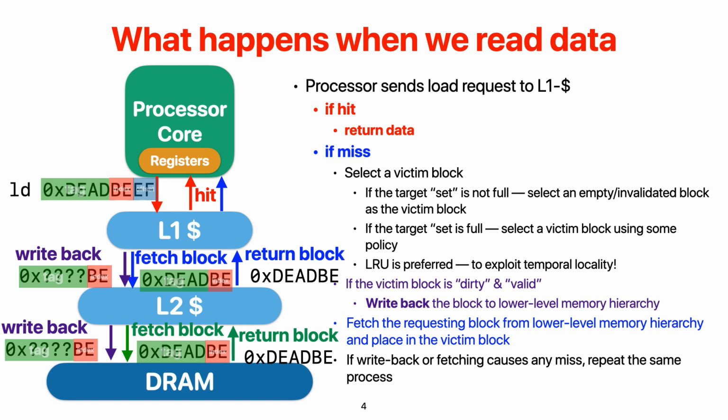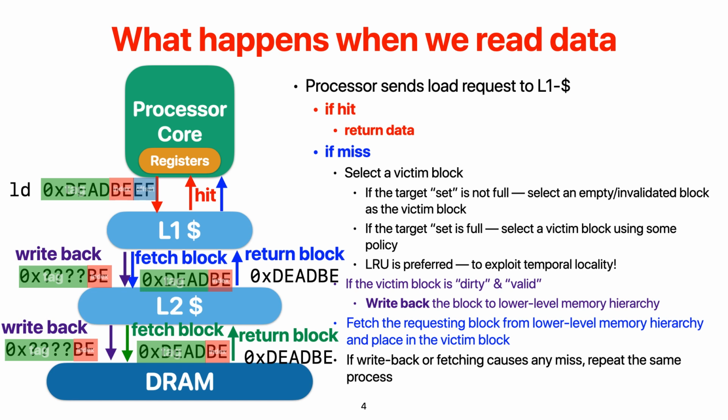In case we did find a block that fulfills our request, the L1 cache can directly return the requesting word or the requesting size of data to the processor. Otherwise, the L1 cache has to spare a block within its space to accommodate the requesting block.